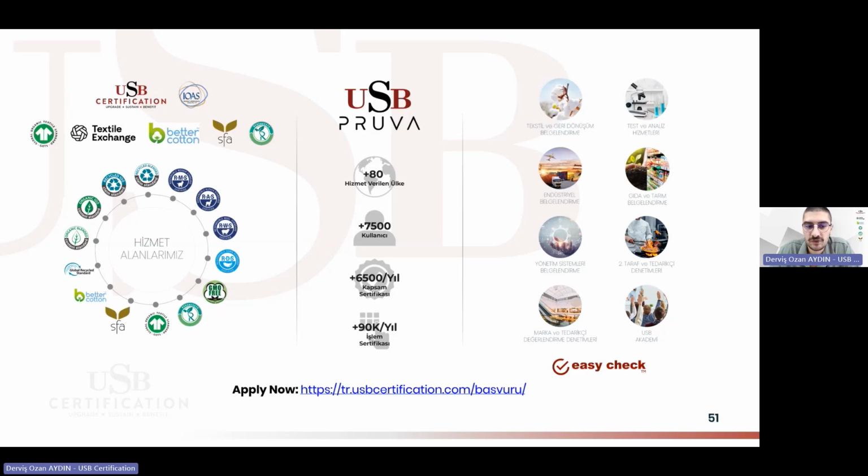Also, USB certification is conducting audits and can give certificates under Regenerate, SFA, and Better Cotton programs also. So you can directly apply from the link below to certify under these standards.